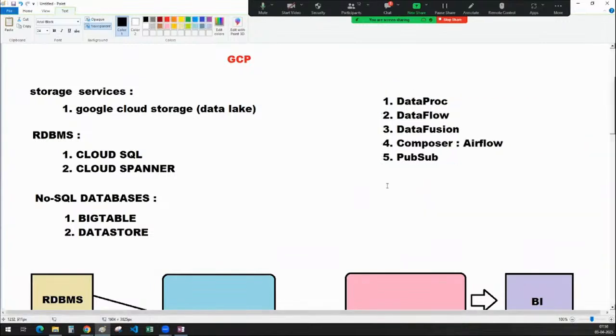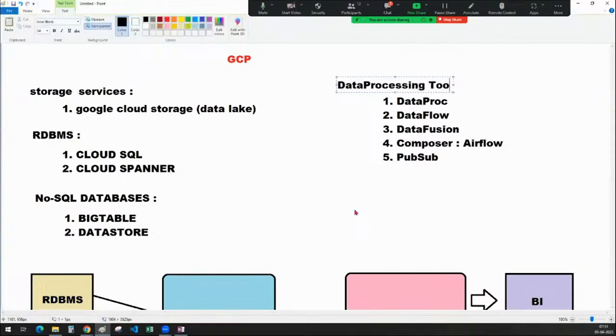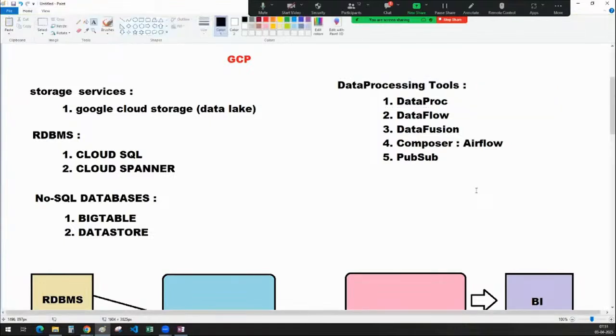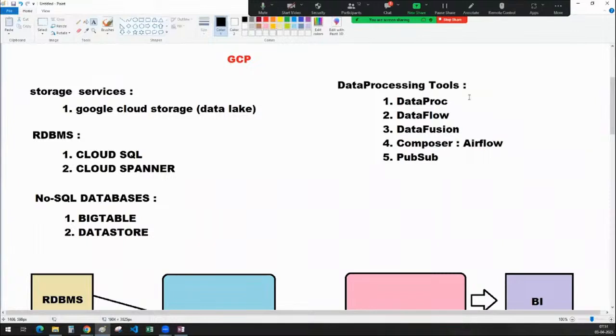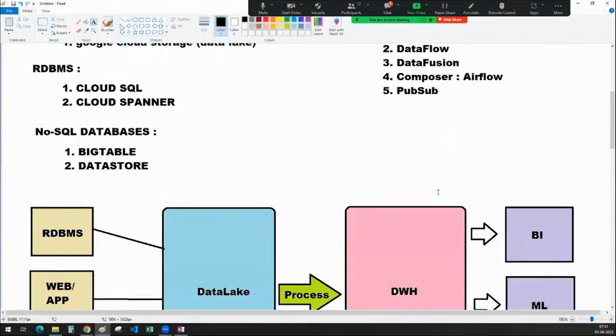So this is what I call data processing tools in GCP. If you want to process the data, you can use these many tools according to your requirements.